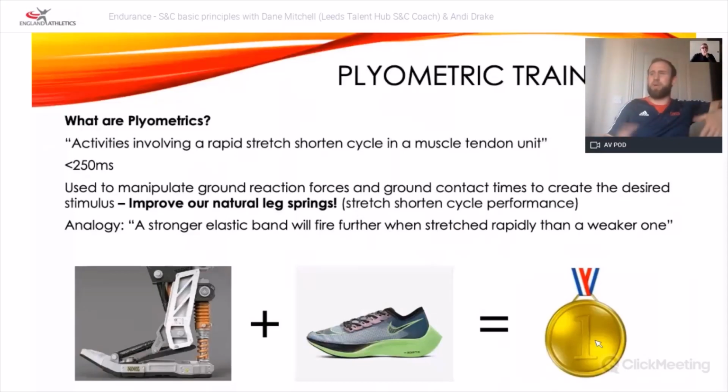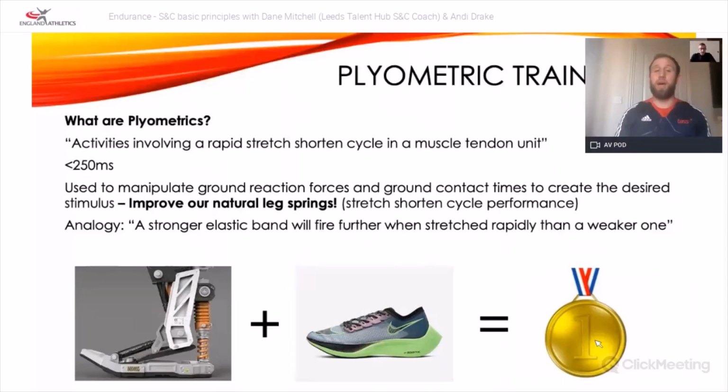So why do we need to do plyometrics? Why do we do extra plyometrics? Well, through different variations of plyometrics we can manipulate the ground reaction forces. When you're running, depending on how fast, the ground reaction forces, if you ran over a force plate, are actually really high, tending to be 3 to 4 times body weight if you're running pretty quick.